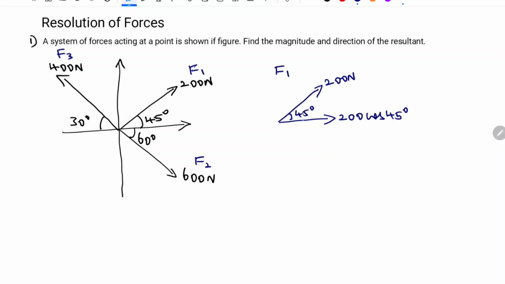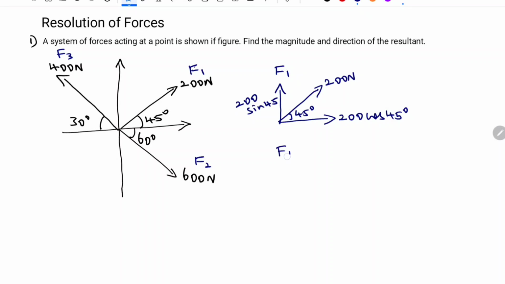So the angle is taken from the horizontal side. So I am considering the horizontal part as 200 cos 45 and the vertical component, moving upwards, is 200 sin 45. So these are the horizontal and vertical component of F1.